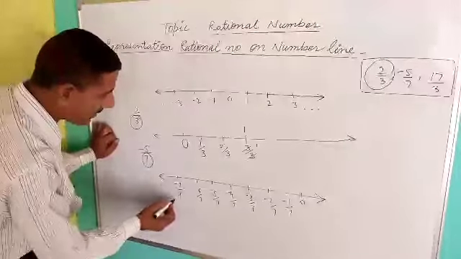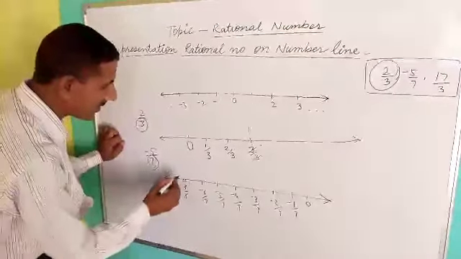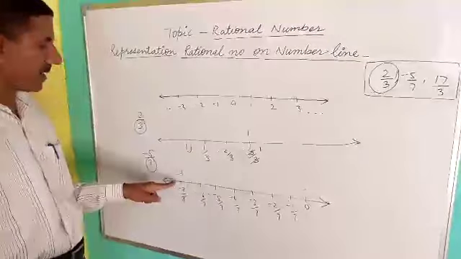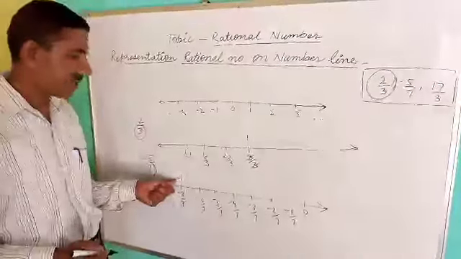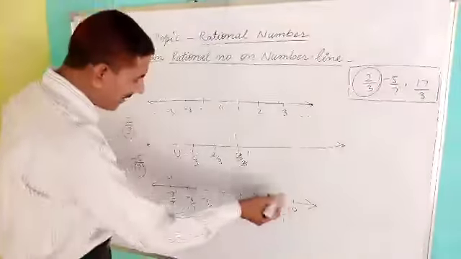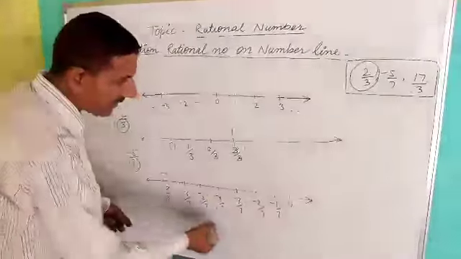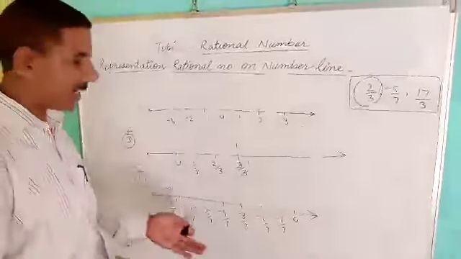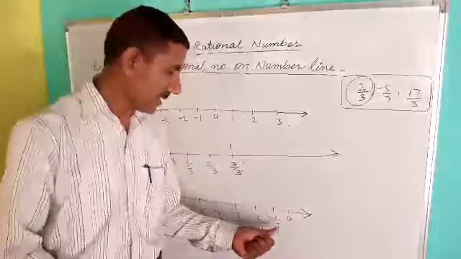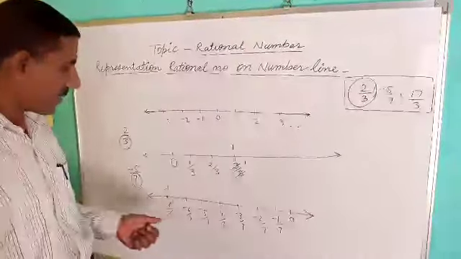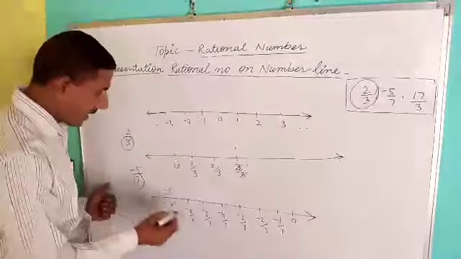In this case, 7 divided by 7 is 1, so this sign will be -1. So this length between 0 and -1 is divided into 7 equal parts, the first part, second part, third part and fourth and so on.